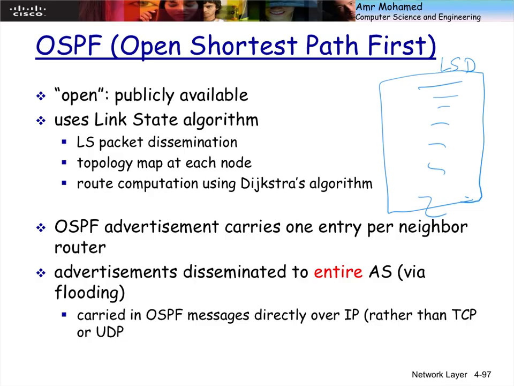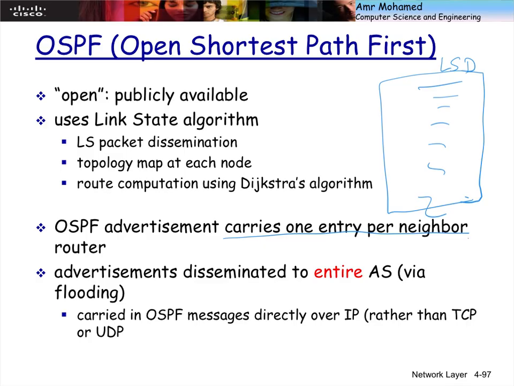OSPF advertisement carries one entry per neighboring router, and this entry gets flooded, as we said, okay? So the link state will have to flood through all the routers. It doesn't get summarized or aggregated. It has to be sent to all the routers in a flooding fashion.